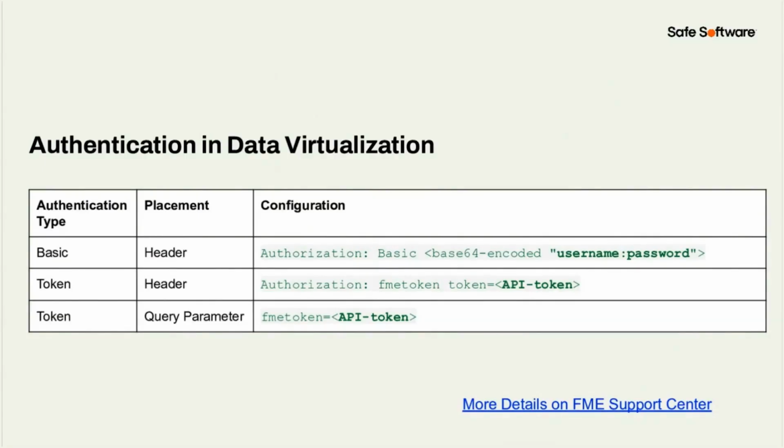Or you can take that token and also pass it through as a query parameter when making these requests. Every time you make a request, you pass through the token or the username and password, and the data virtualization API will know who you are and that you're allowed to have access, and allow you to then trigger the workspace that is connected to your endpoint.